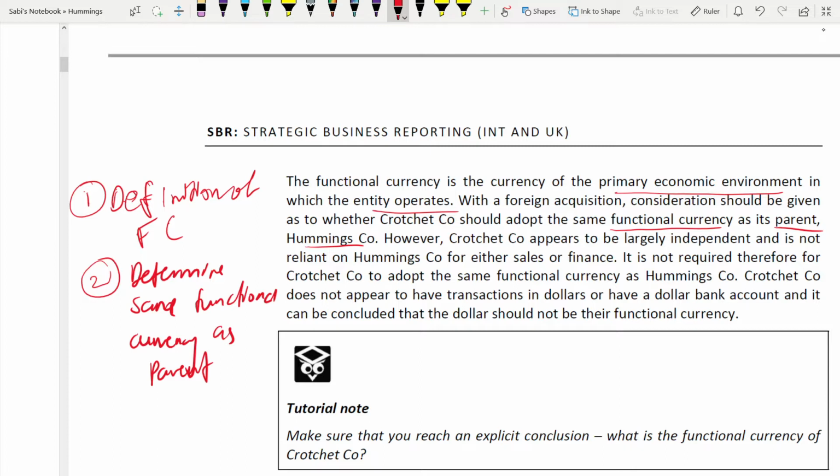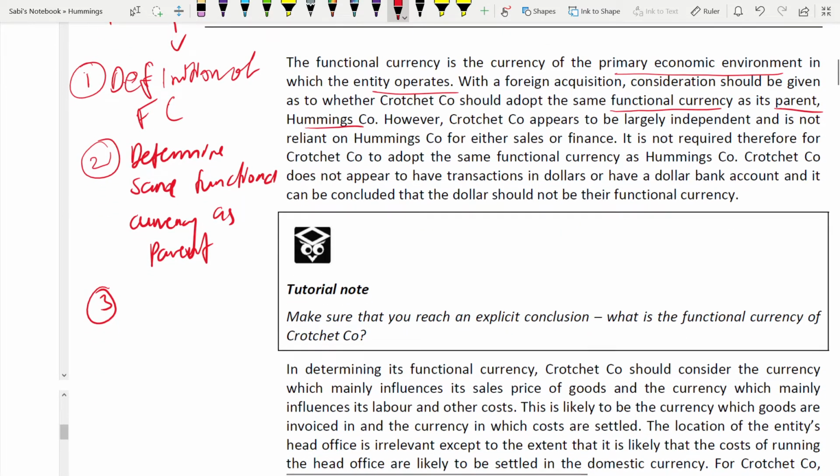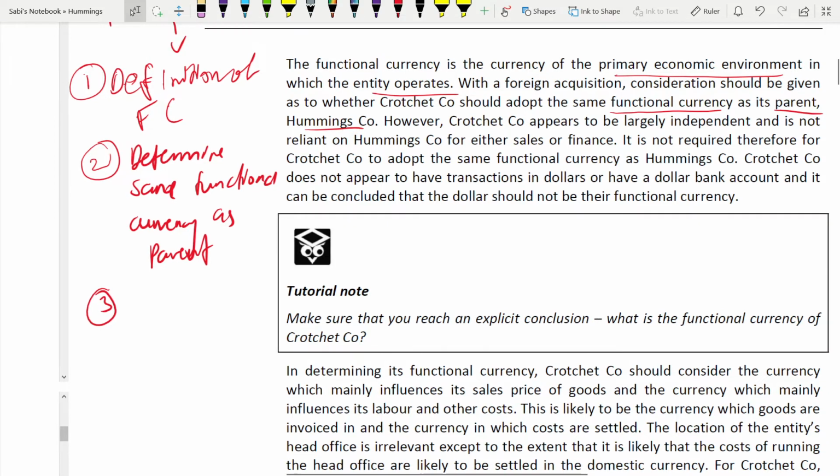So third, follow this step to determine functional currency. The question is: determine FC, functional currency. You have to follow these steps when you get this question. It could be any question in any way, maybe the company might be different, the country might be different, some scenario might be different, but ultimately this is the step that you have to follow.